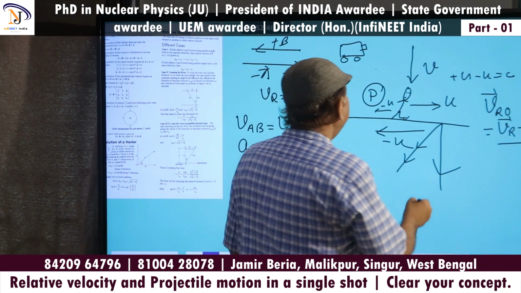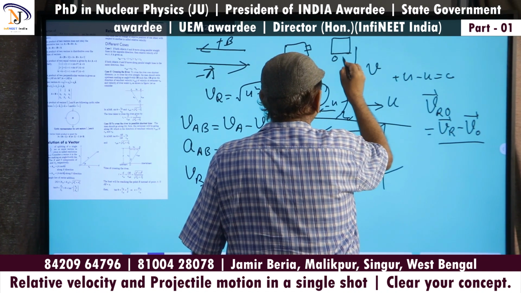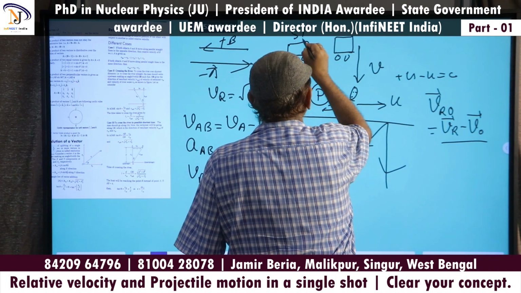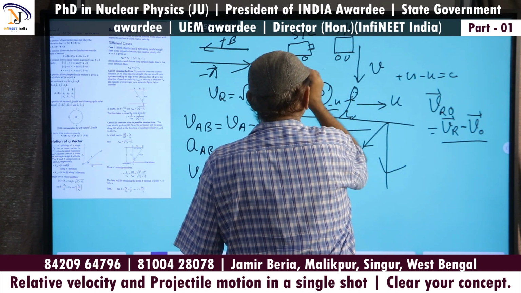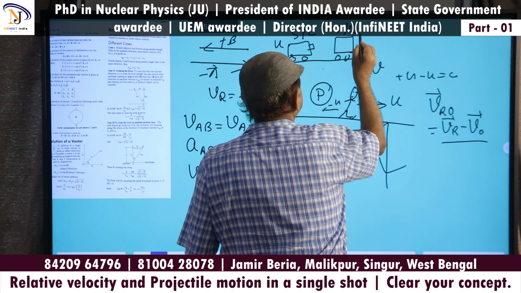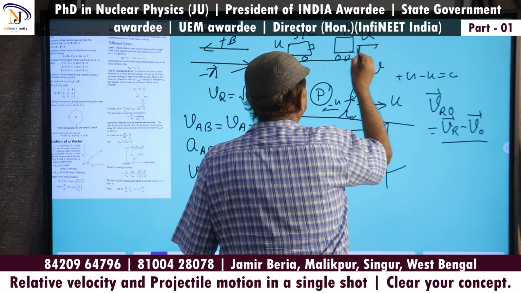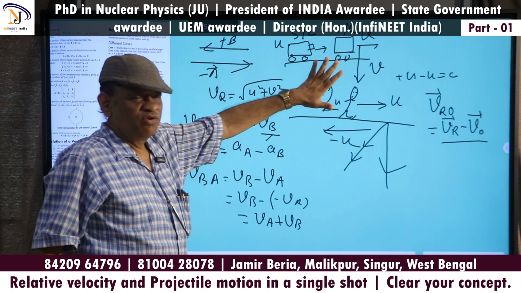And another train is, you would say, Tarakeshwar local. They are on the same track. Its velocity is U. Its velocity is V. If they move in the same direction. Okay, just see it. Very easy.